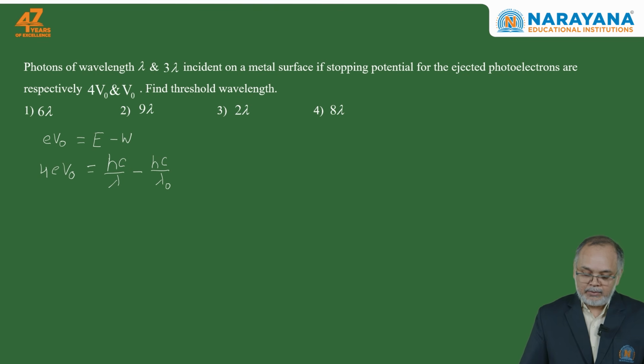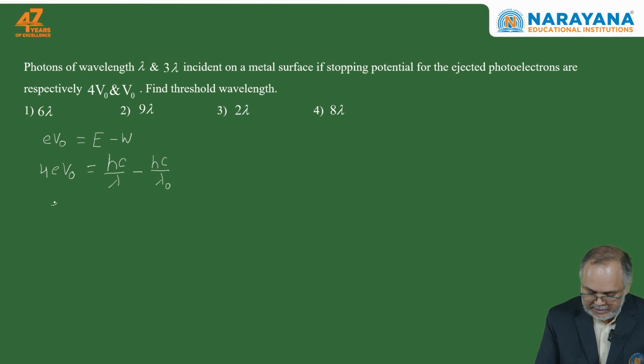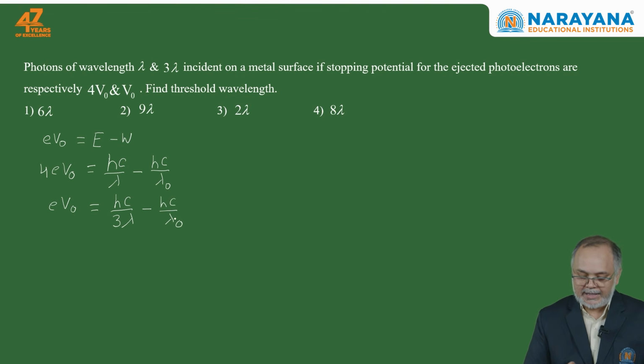Now the next equation we can make, when the wavelength is 3 lambda, then stopping potential is V0. So the equation is eV0 is equal to hc by 3 lambda minus hc by lambda naught. This is the second equation.